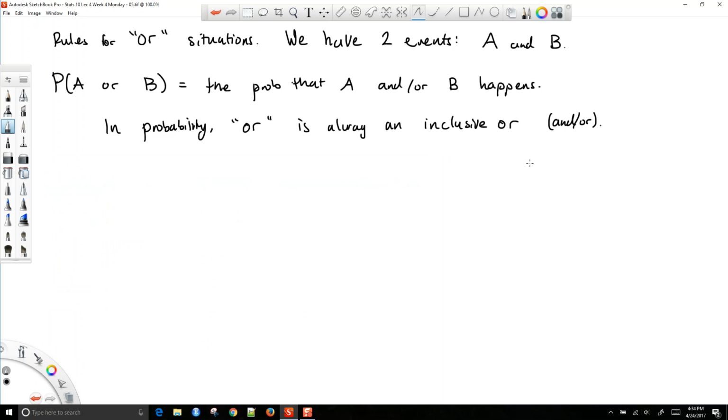Because in the English language, we have a little bit of ambiguity about the word or. A lot of times we use the word or exclusively. So for example, I can ask you this question. Do you like chocolate or vanilla ice cream? And your answer to that question would be what? I like chocolate ice cream. Or you might say, I like vanilla ice cream or something like that, okay?